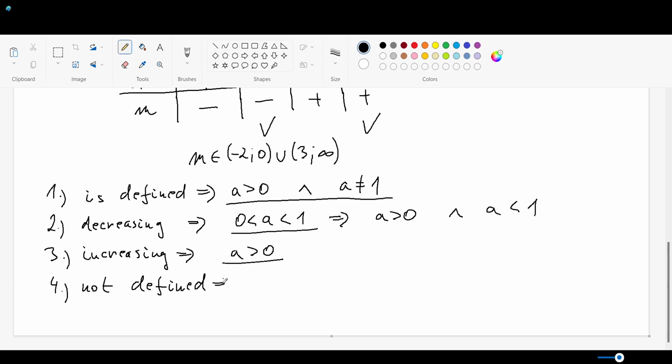So it means you are supposed to find all the values of parameter m when the function is not defined, and in this case it means you are looking for a less than or equal to 0, or a equal to 1. Okay, so this is our condition. Basically, it is easier to find this sometimes and then do the complement, but of course it depends. Maybe I'll show you this kind of task in the next videos also.